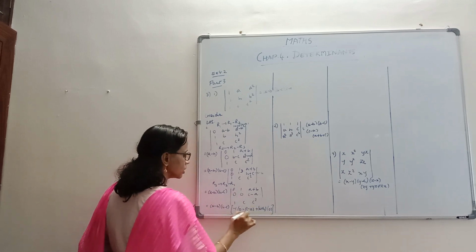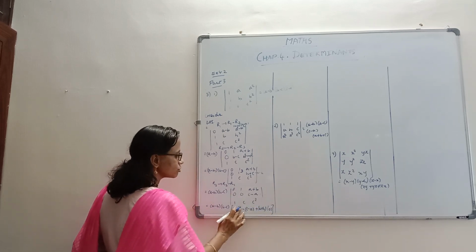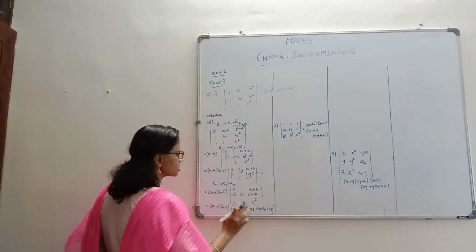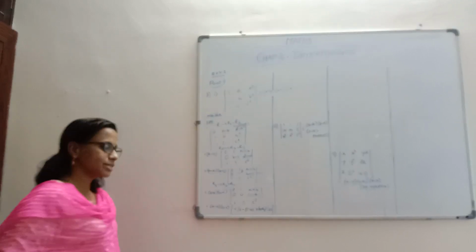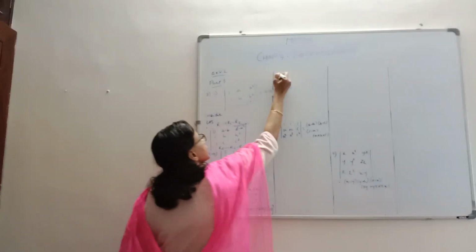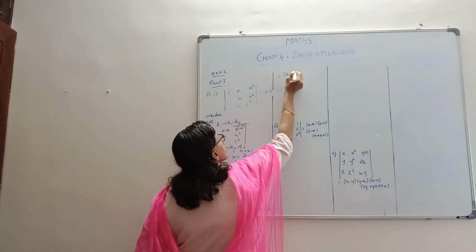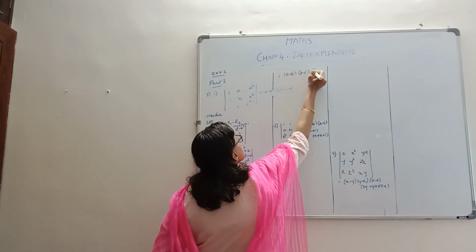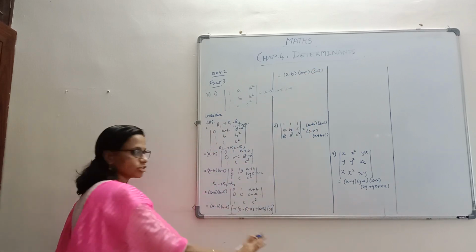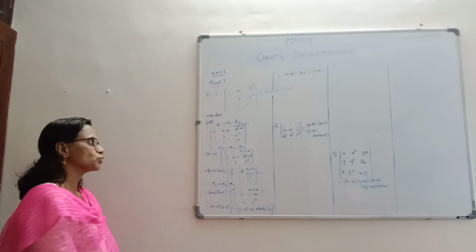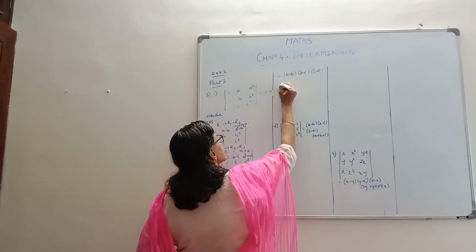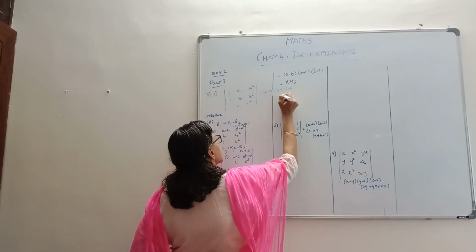So this part is 0, only this is going to stay. And here also it is 0, so only this is there. Minus into minus, it's going to become plus. And c minus a. Directly we are getting a minus b, b minus c, c minus a. After we eliminate all the zeros and all that, this is what we are getting, and that is our RHS, and that's how we prove the result.